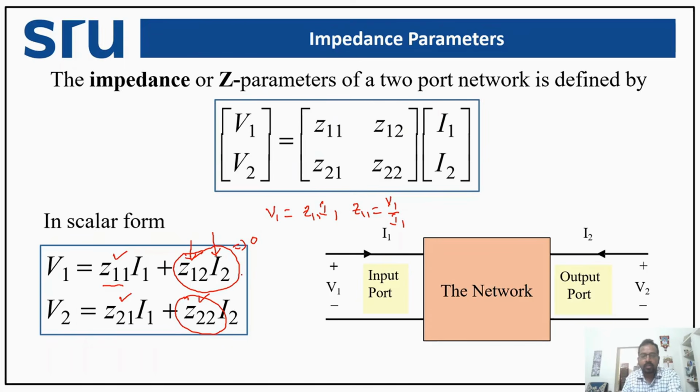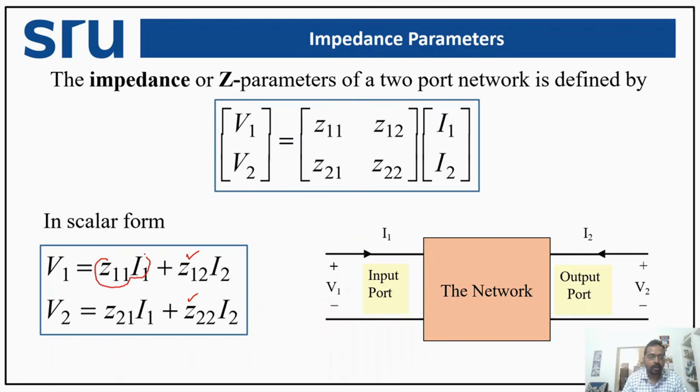Similarly, in order to compute Z12 and Z22, what should we make? We need to make this particular term Z11 I1 and Z21 I1 equal to 0. However, if you observe carefully, this Z11 and Z21 cannot be made 0. So we are trying to force this I1 equal to 0.